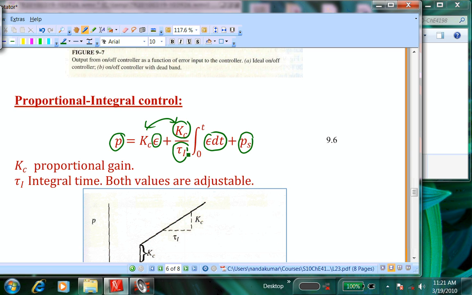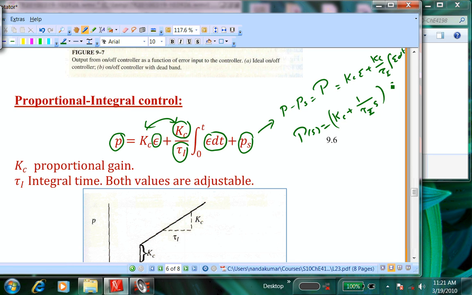for tau I. So in terms of deviation variable, you would write this as P minus Ps, which is equal to the capital P, which is the deviation variable, equal to Kc epsilon plus Kc divided by tau I, integral of the error. In terms of the Laplace domain, that will be P of S is equal to, what would that be? You remember the Laplace transform of Kc plus 1 over tau I S multiplied by epsilon.